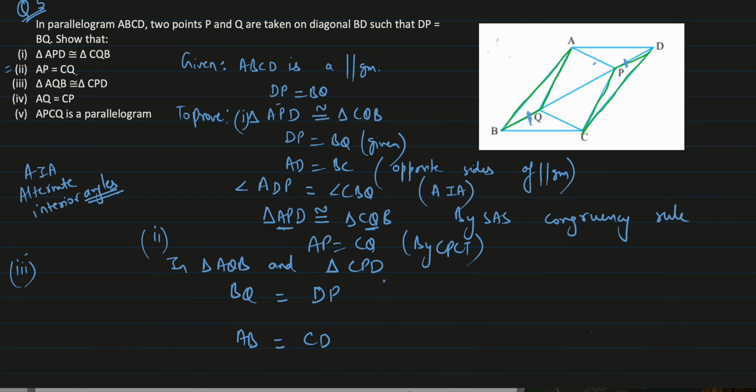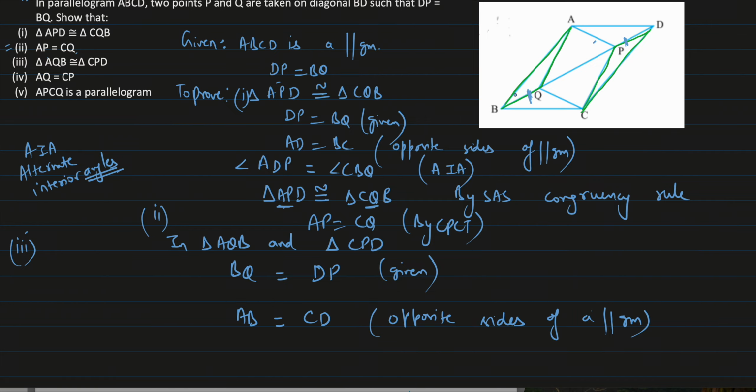And then the next thing that we have is again this angle. This angle is equal to this angle. So angle ABQ is equal to angle CDP, alternate interior angles. Fine, students.